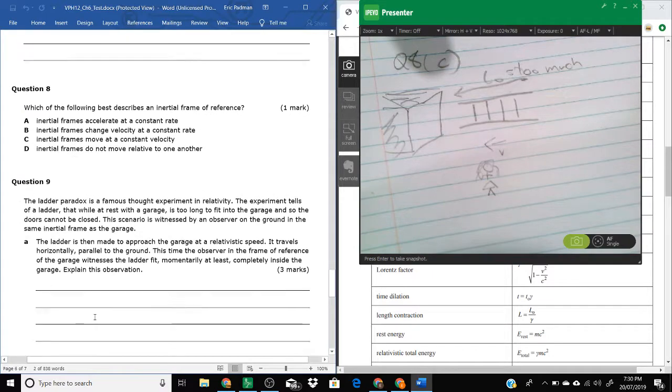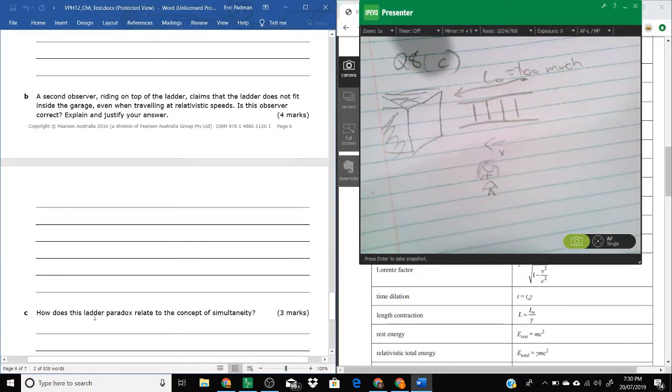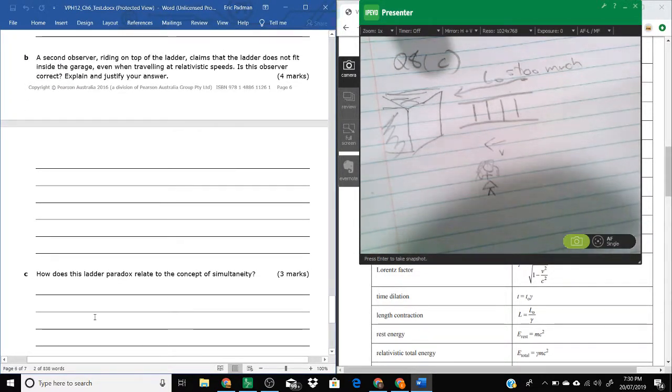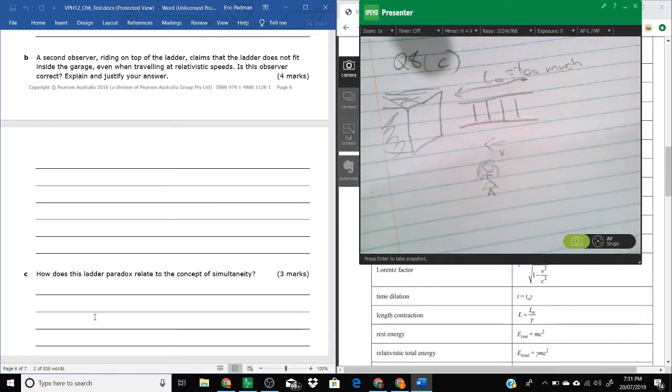So, yeah. A second observer riding on top of the ladder claims the ladder does not fit inside the garage even when traveling at relativistic speeds. Is this observer correct? Justify your answer.